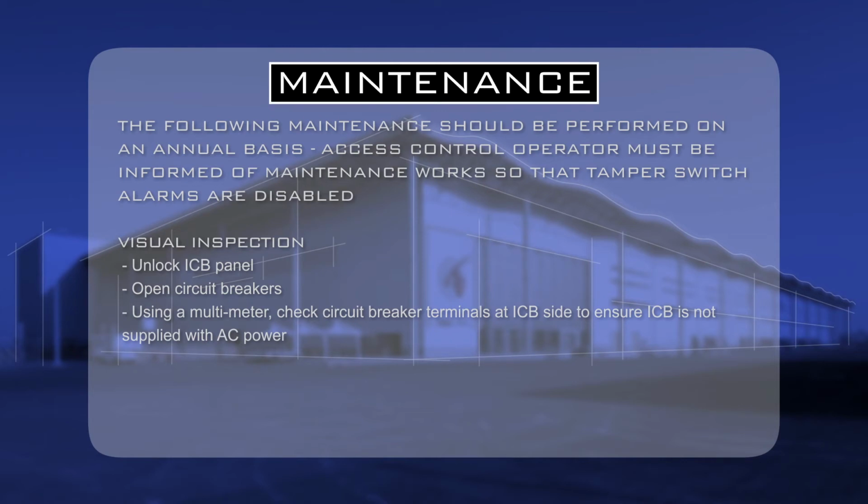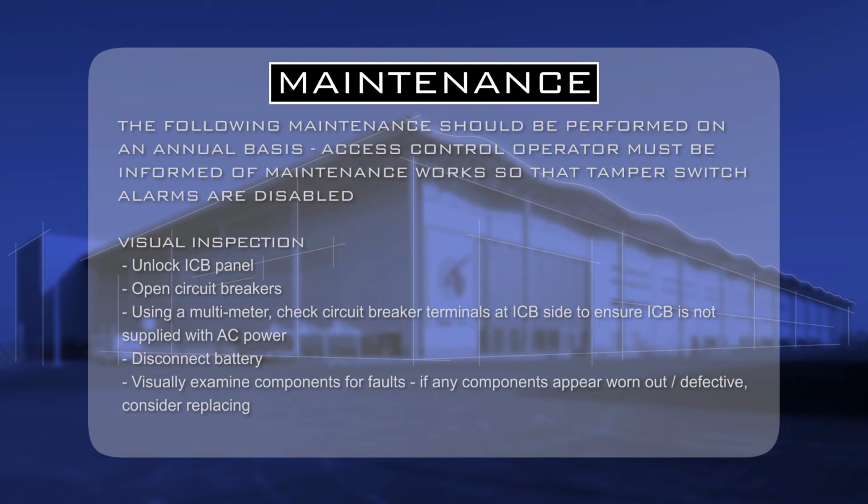Using a multimeter, check the circuit breaker terminals to ensure the ICB is not supplied with AC power. Disconnect the battery. Visually inspect components for faults. If any appear worn out or defective, consider replacing them. Continue measuring and cleaning before locking the ICB.